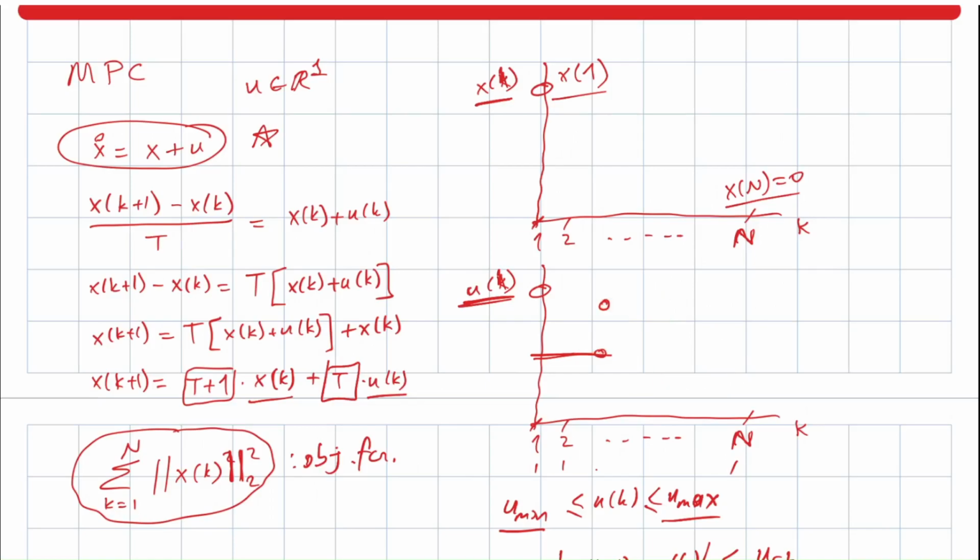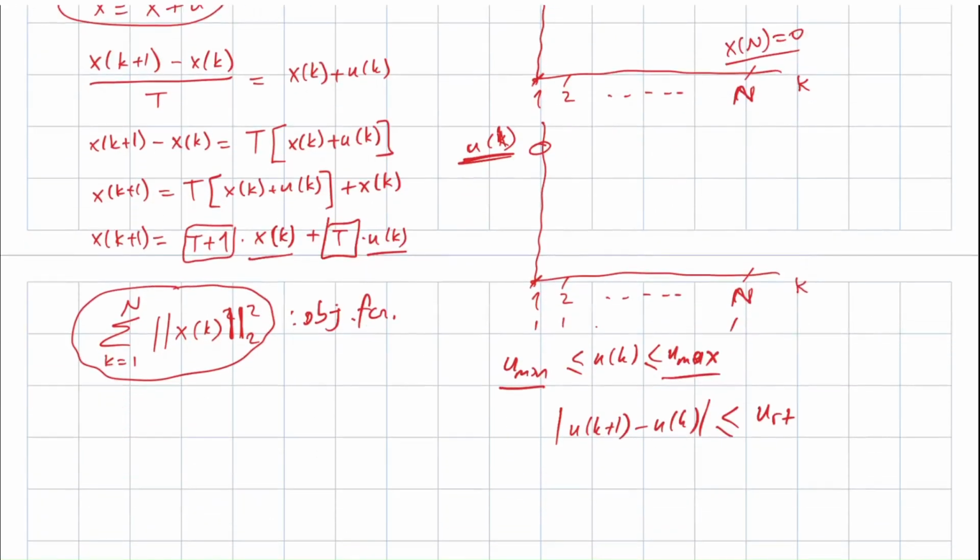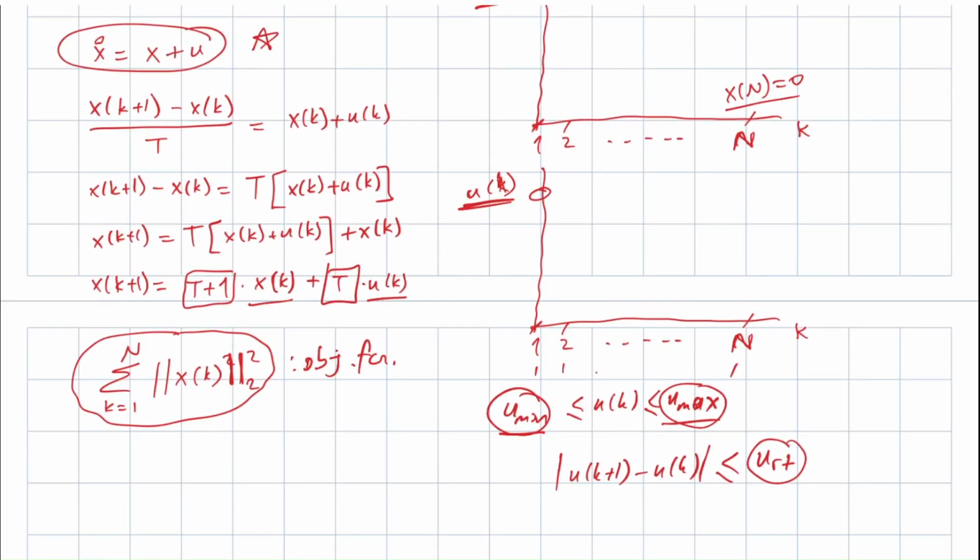These three, u min, u max, and u rate limiter, are numbers that you know, that you are going to impose on your problem. Using those constraints on top of the construction of your general problem, you will have something like this.